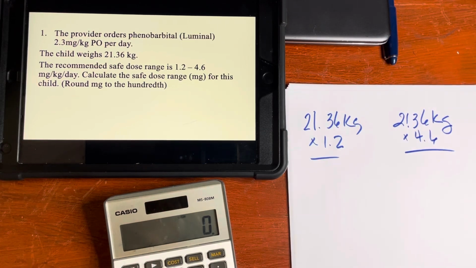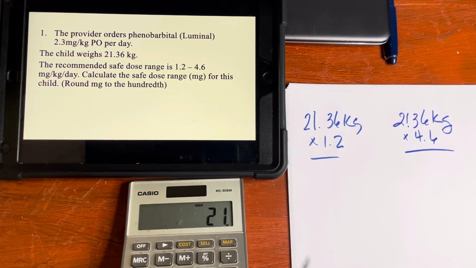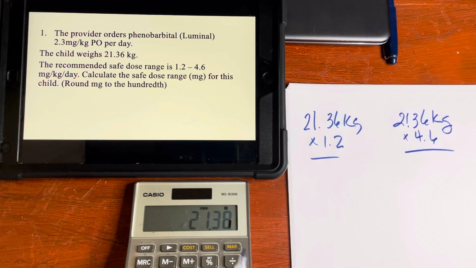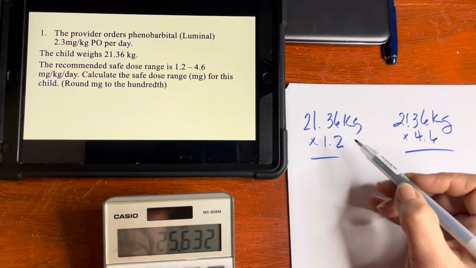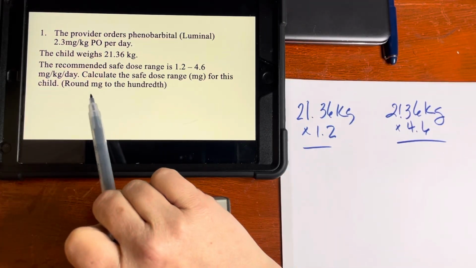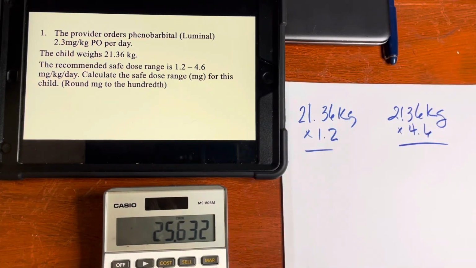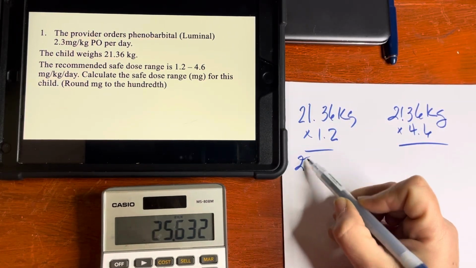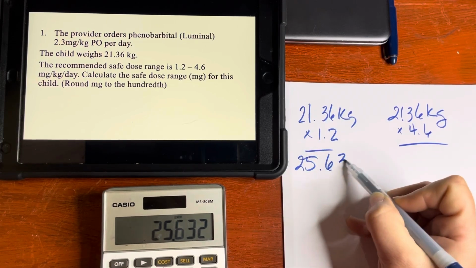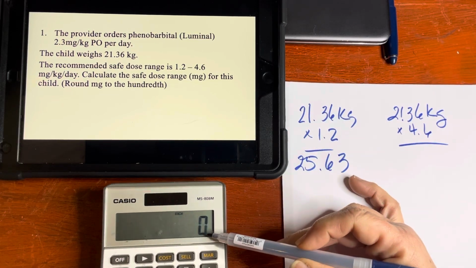And then we're doing it. 21.36 times 1.2 equals. And it says round to the nearest hundredth, so you know that's two places after the decimal. So that's going to be 25.63 because the 2 ain't doing nothing.